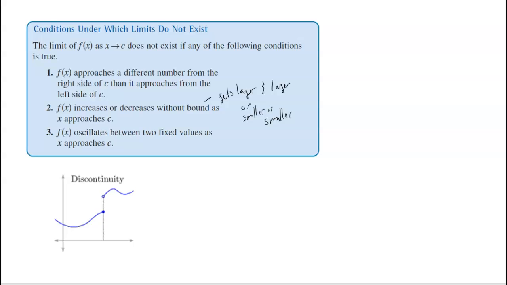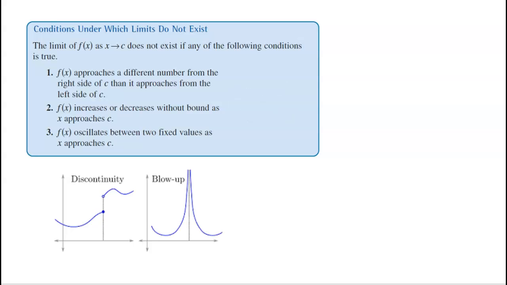Is it approaching an actual number? No, it's not. What this looks like is that it kind of blows up. One side of our graph is going up and the other side just keeps going up. None of the arrows will ever meet each other since they're facing the same direction. We usually see this if we have a vertical asymptote in the middle of our graph. We've seen that with rational graphs.